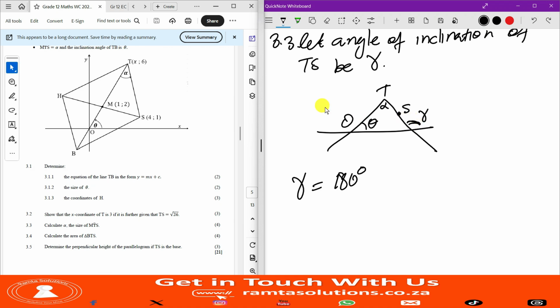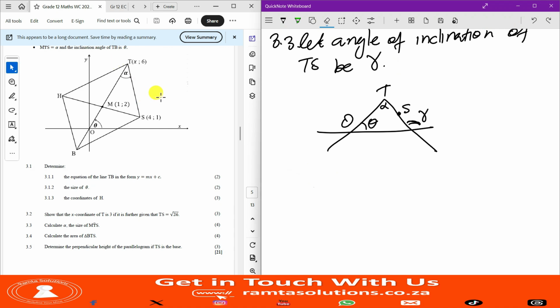But the question is, before I proceed, do I even have the gradient of TS? I don't have it. So let me find gradient TS. Gradient TS again will be y2 minus y1 all over x2 minus x1. So what is TS?